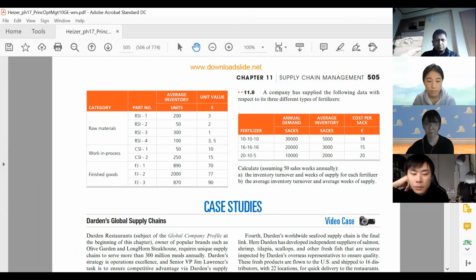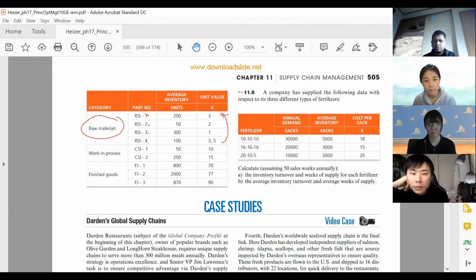How do you calculate the raw materials total value? You need to find the total value of inventory for raw material, but you have 4 parts. We have to add the 4 parts together. Exactly, you have to find the total raw material, total work in progress, and total finished goods.